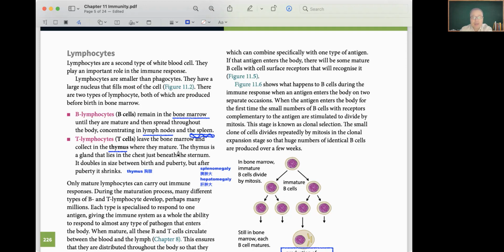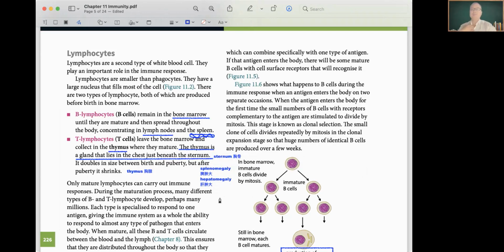The thymus is a gland that lies in the chest just beneath the sternum. What is sternum? Sternum in Chinese is 胸骨.